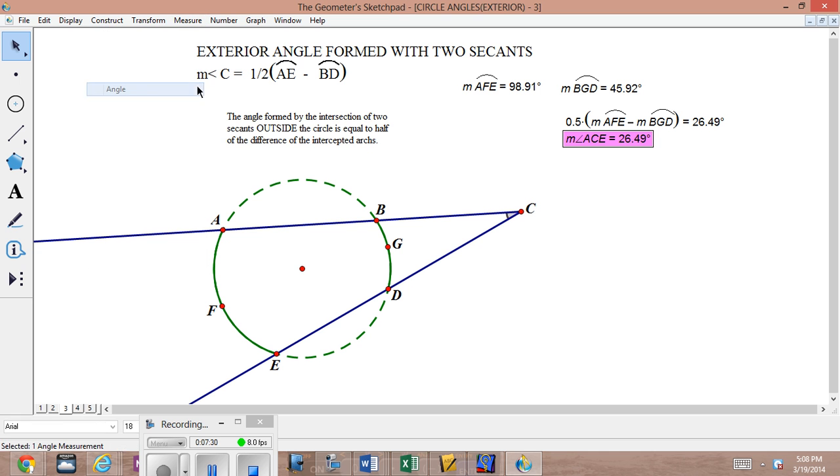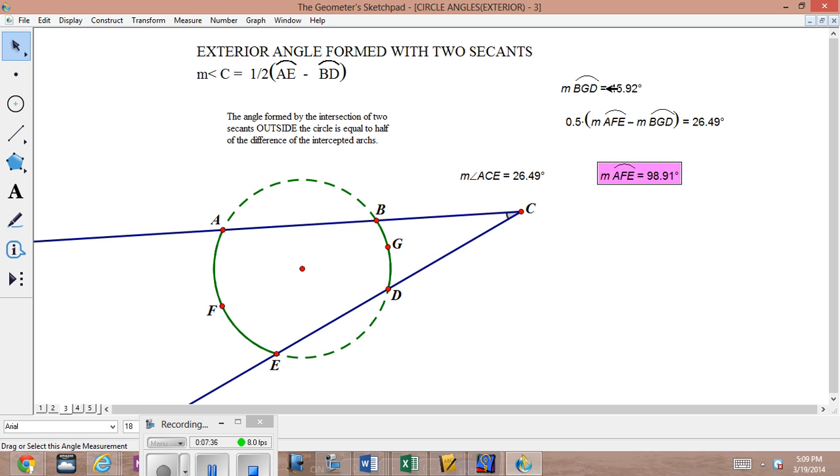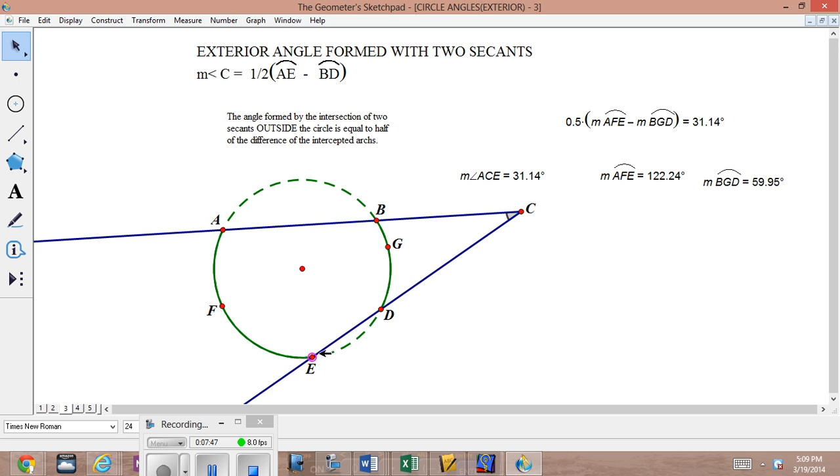Okay, bingo, there it is. So the angle is the furthest arc minus the closest arc, their difference cut in half. There's the formula. It will always be the case. Change the angle here, it's going to happen.